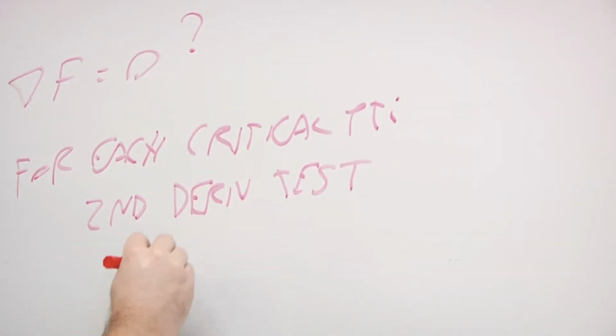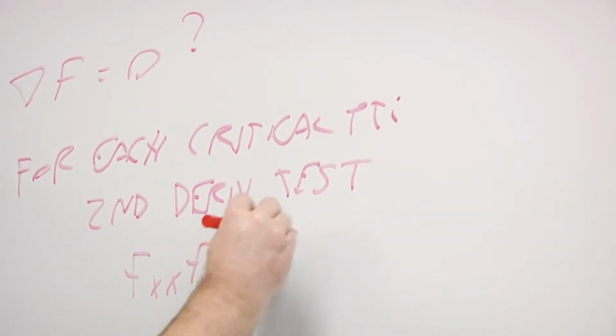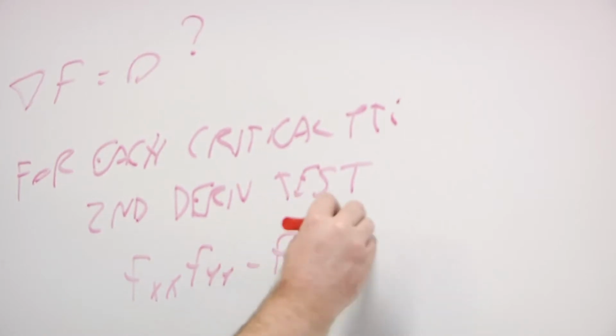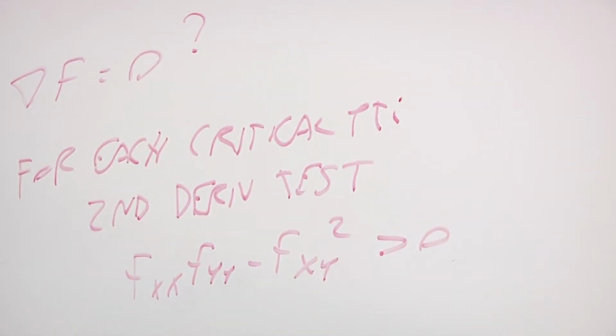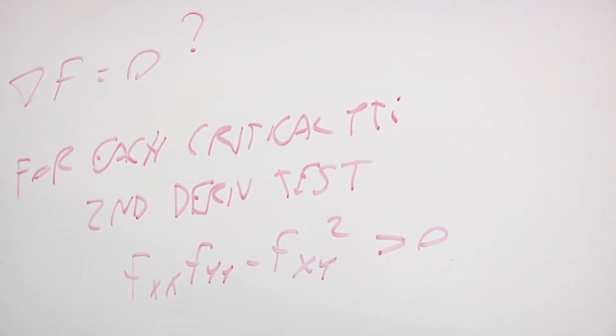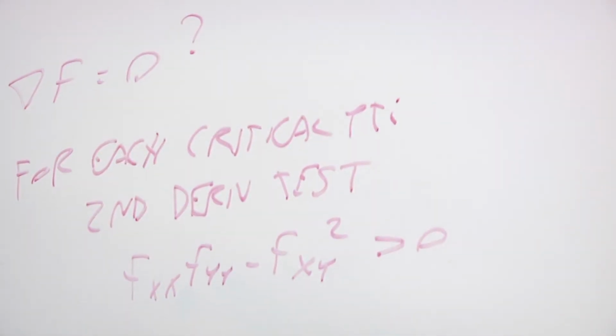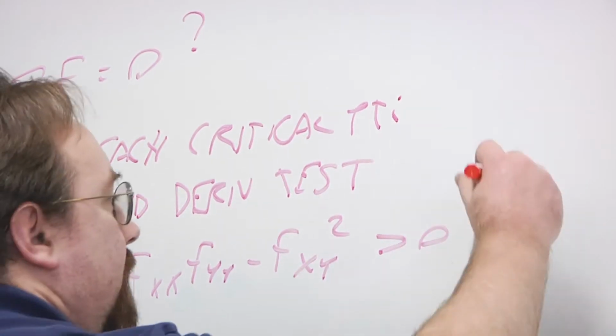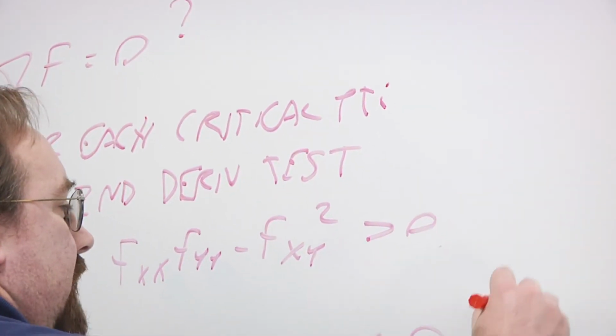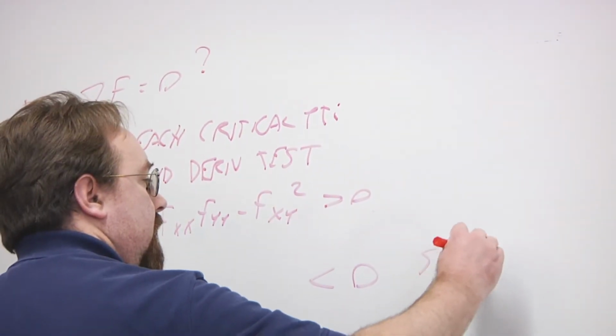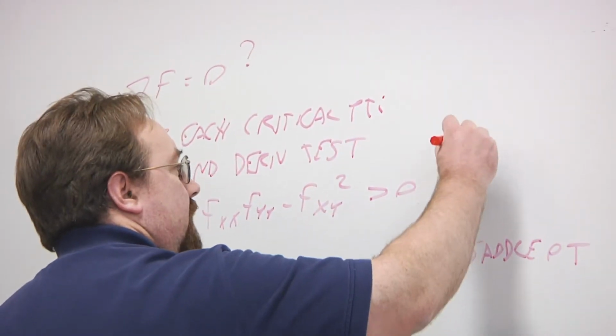So you check whether that's positive, negative, or 0. If it's negative, that's a saddle point.